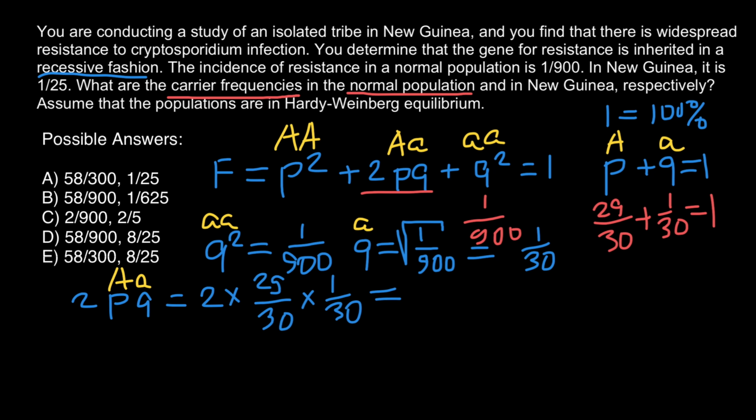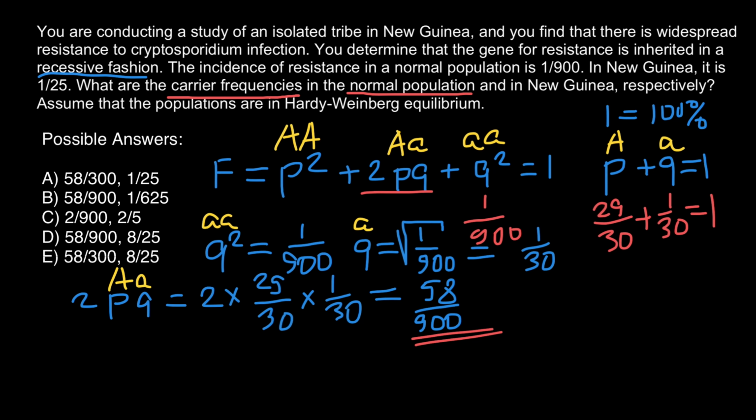And the answer is going to be 2 times 29, which is 58, so 58/900. And this number stands for the frequency of the heterozygous genotype in a general population.